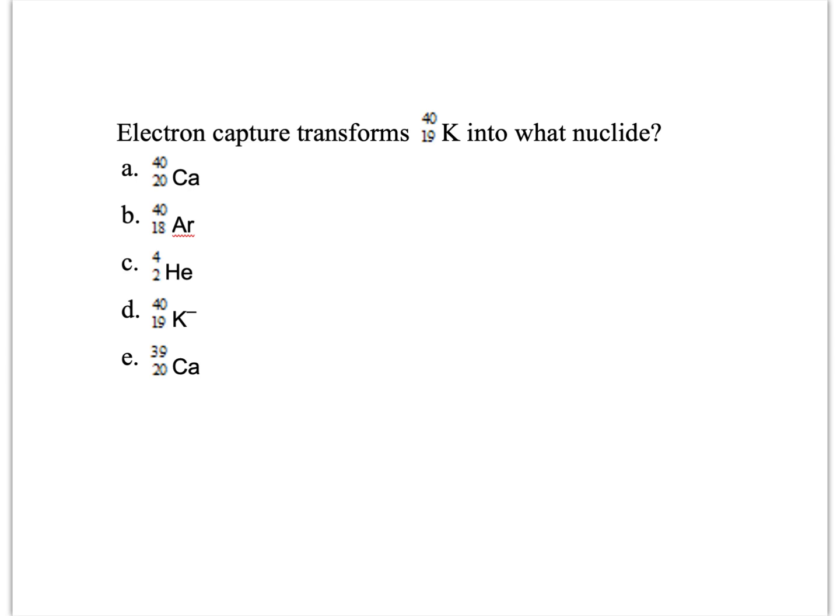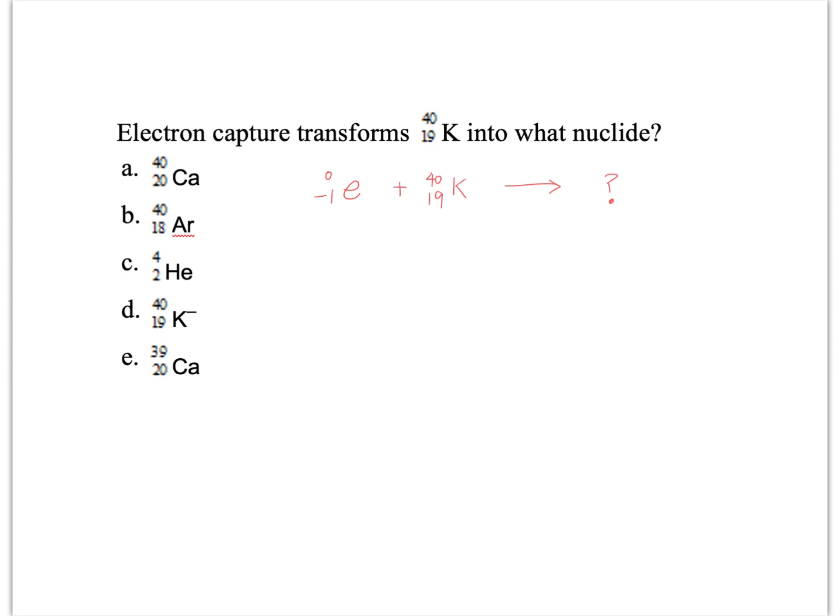Now the next question here is: electron capture transforms potassium-40 into what nuclide? So basically, what does electron capture mean? It's that an electron is one part of the reactants, reacting with potassium-40, and what we want to see is what's going to happen as a product.